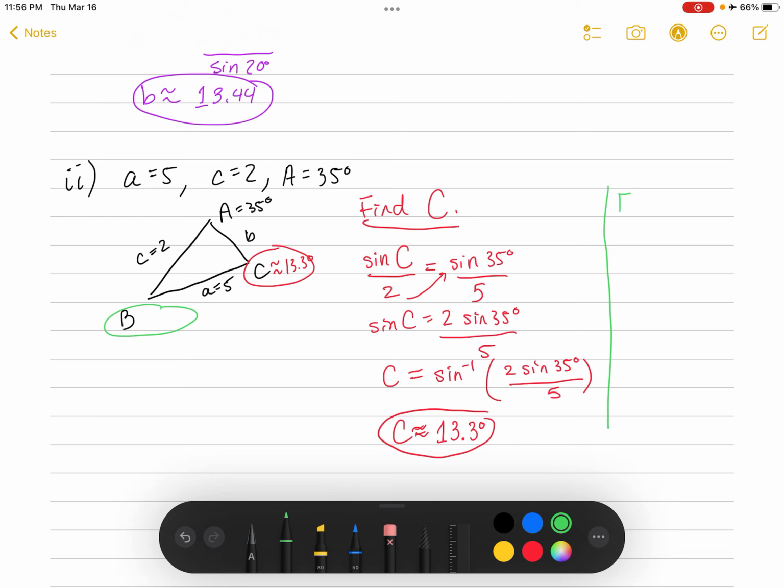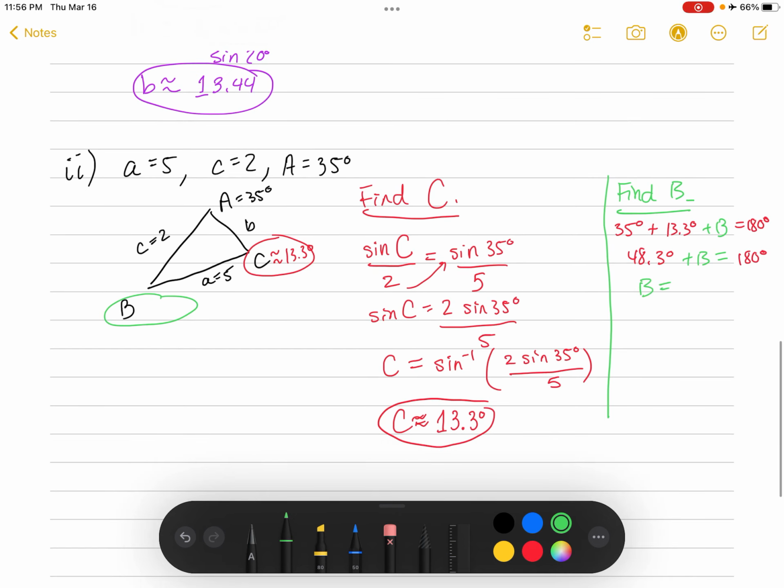Once I have that second angle, I can easily find the third angle, big B, by making sure they add up to 180. So 35 degrees, which is A, plus 13.3 degrees, which is C, plus big B equals 180. 35 plus 13.3 gives me 48.3 degrees plus big B equals 180.